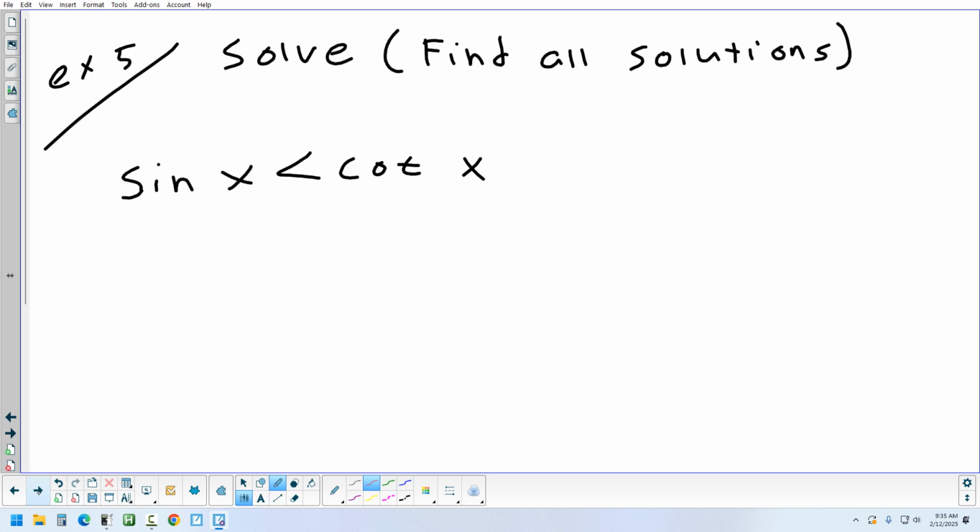Yep. So we got a few things we have to do before we get to using the calculator. Yeah, it won't be equal to 0, but we're going to get it less than 0. So we're going to move the cotangent to the other side.